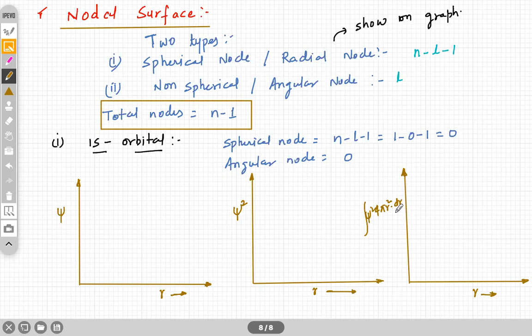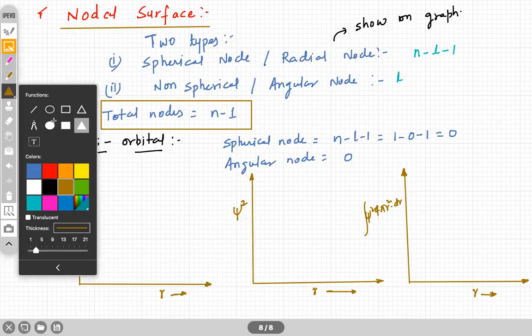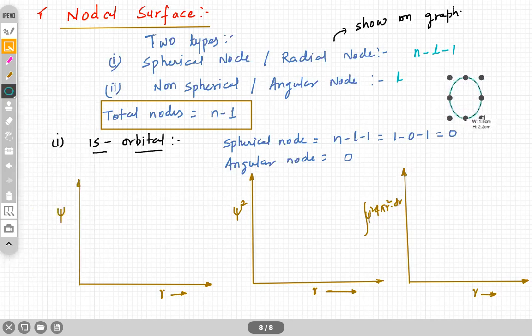Did you understand this term? 4 pi r square is the surface area of a sphere, and dr is the thickness of that. I'll explain, wait. Suppose we have a spherical surface like this, and the radius is r. So what is the surface area for this? 4 pi r square.